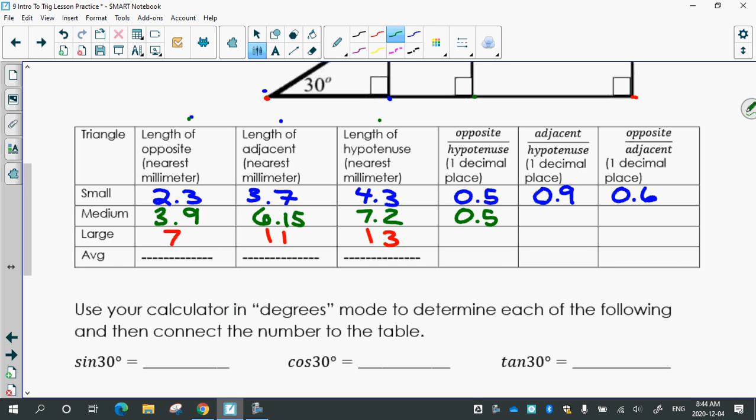Adjacent divided by hypotenuse is 6.15 divided by 7.2, 0.9 again. And then opposite divided by adjacent, my bad, 3.9 divided by 6.15, 0.6.